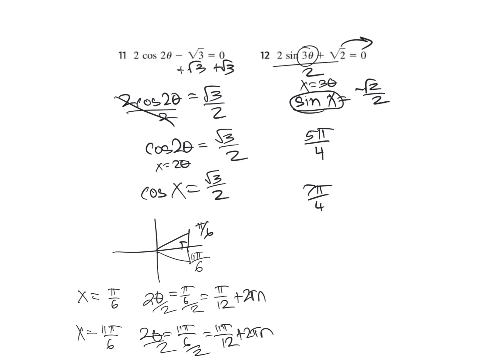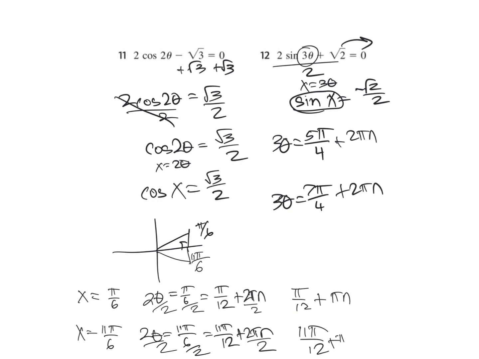So we have to set 3 theta equal to those. But remember this is plus 2 pi n. And I see I didn't do that over here. So really you should have divided these total down here by 2. So this answer on number 11 should be pi over 12 plus pi n and 11 pi over 12 plus pi n.